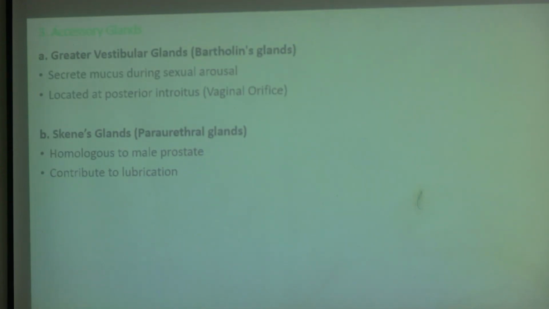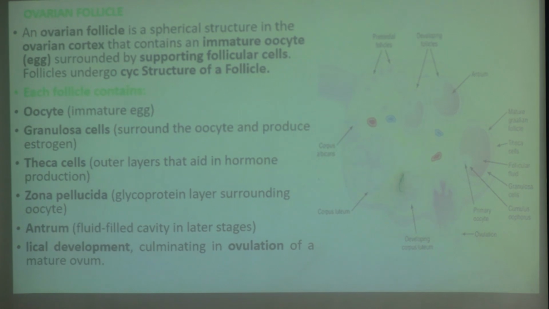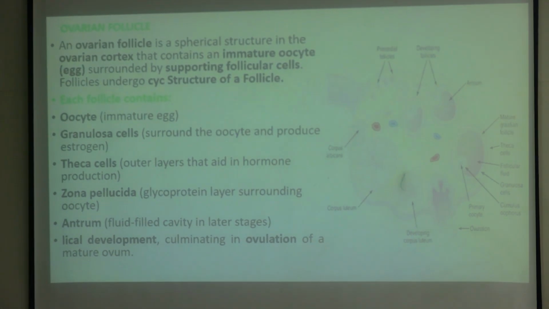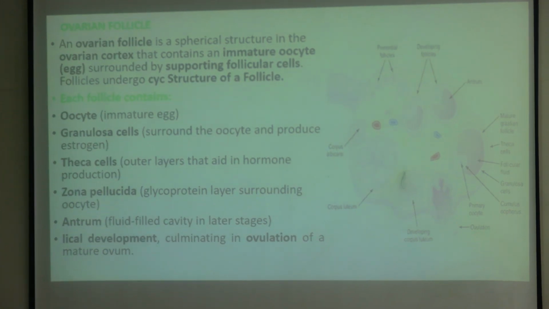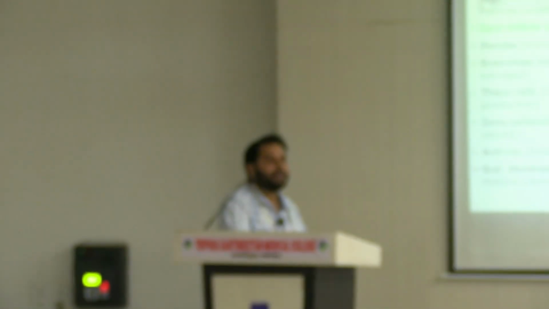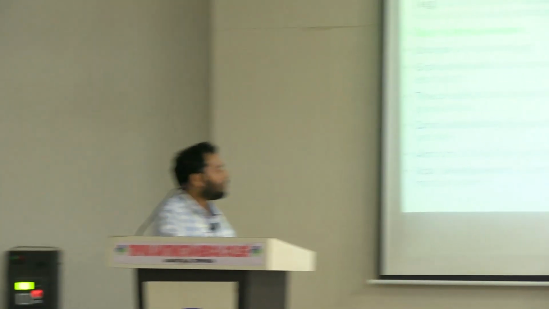Other than this, I've already mentioned some accessory glands, which are also important, such as the vestibular glands and the skin glands. Now in the ovaries, there are certain types of follicles called ovarian follicles, and they are important because the ovarian follicles of the ovary release certain types of hormones. So what is the role of the ovarian follicles?